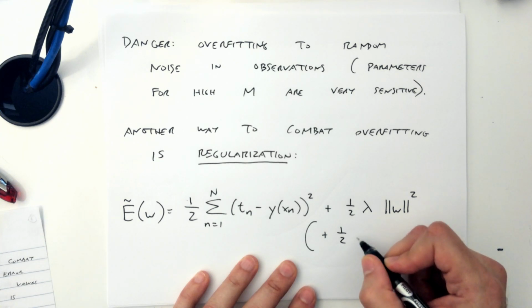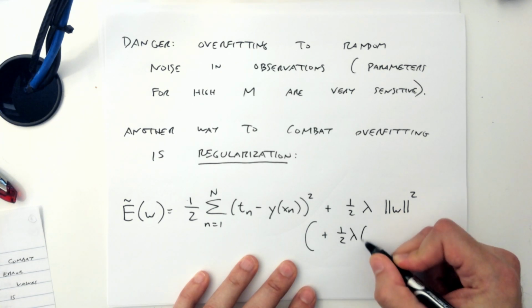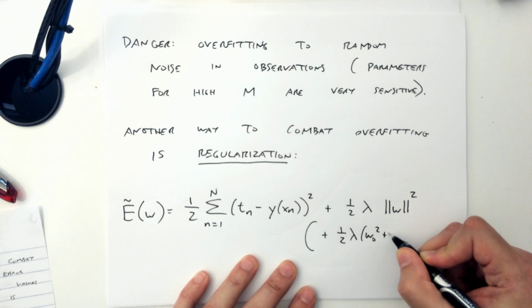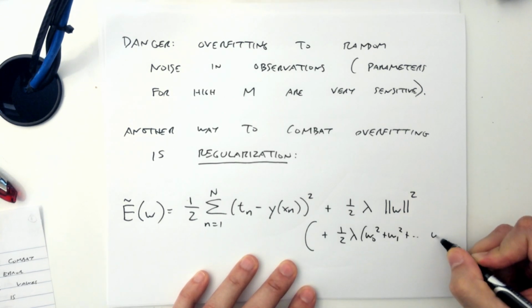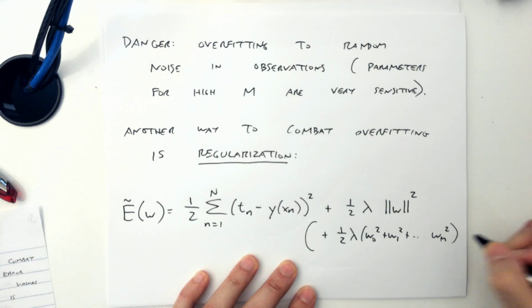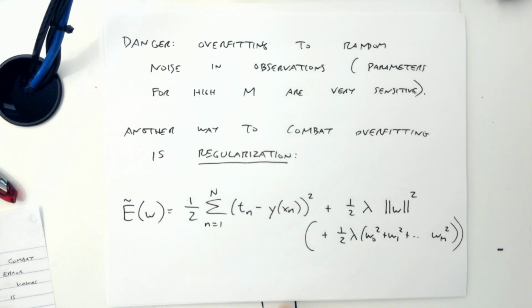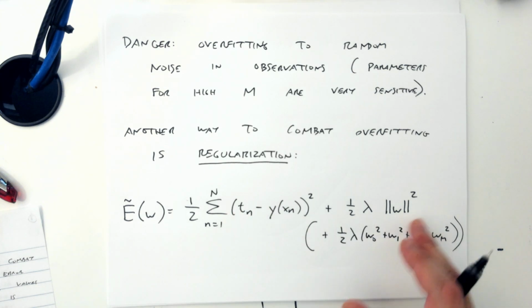I'm not adding this twice, I'm just expanding out what I mean by it. This is like saying I add W0 squared plus W1 squared all the way up to WM squared, right? This is like saying I now want to minimize this whole thing, right? Meaning that if the coefficients are really large, that is going to totally tank my error fitting score, right? So this is going to bias my solution to have smaller values of W, right?